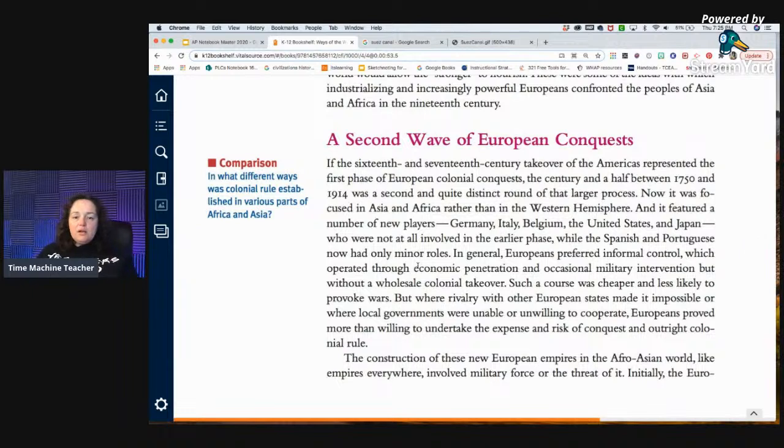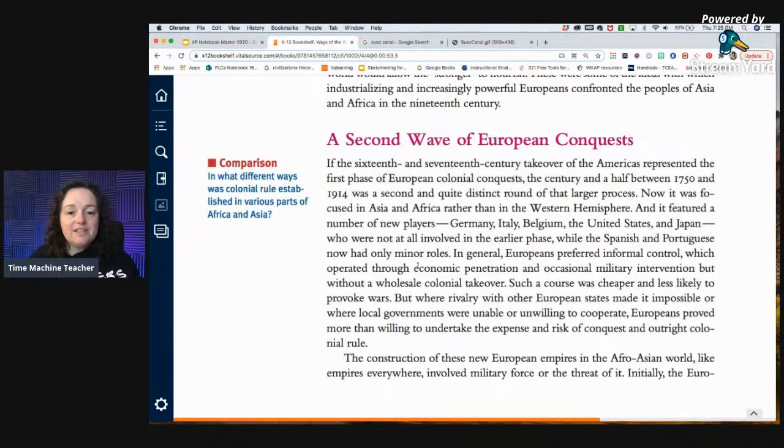Okay, moving right along. Our next question is, in what different ways was colonial rule established in various parts of Africa and Asia? So, if the 16th and 17th century takeover of the Americas represented the first phase of European colonial conquest, the century and a half between 1750 and 1914 was a second and quite distinct round of that larger process.